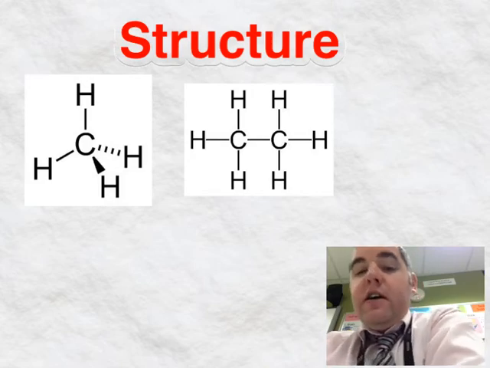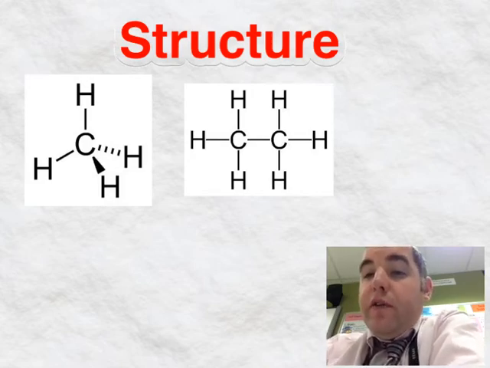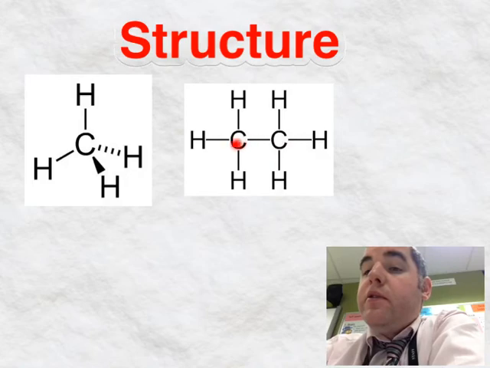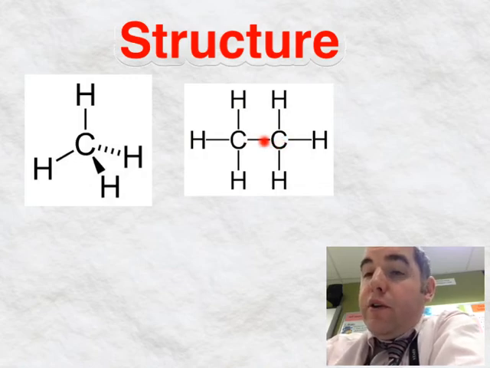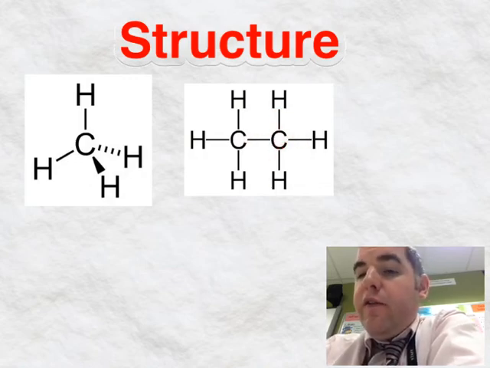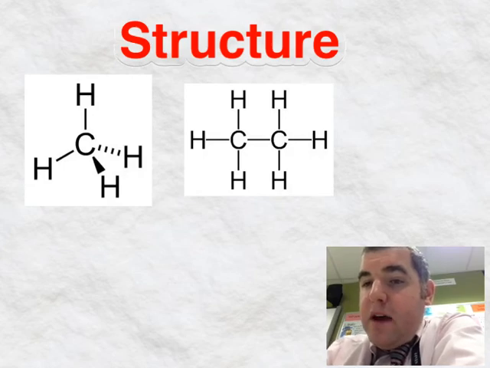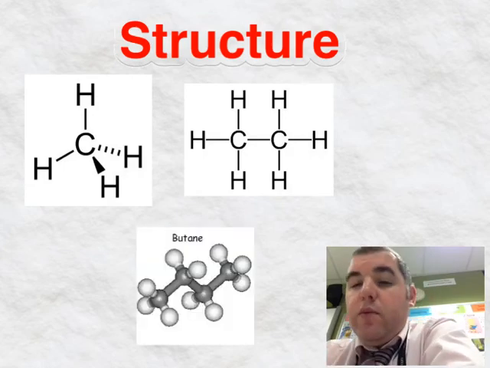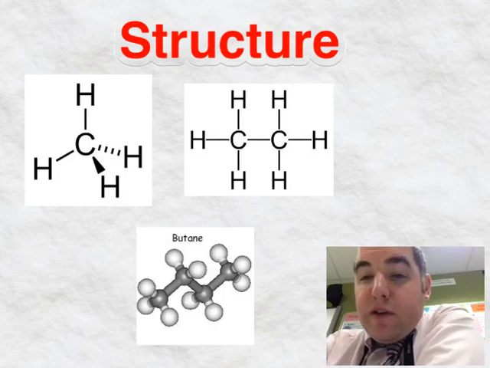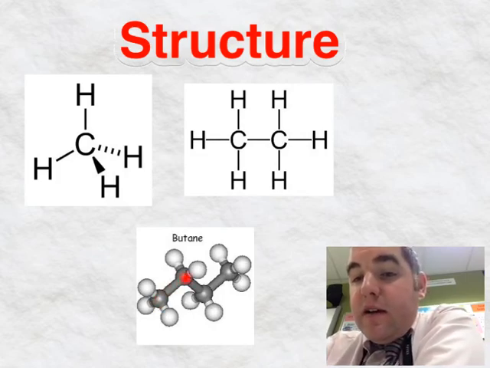Okay, now the next one we'll look at, ethane. This is just a straightforward model. We've got the 2 carbons, and then they've got the 1, 2, 3, 4 bonds, and this one 1, 2, 3, 4 bonds. Now, sometimes you may see models that are what we call ball and stick diagrams, where we've got the carbons here in the chain.